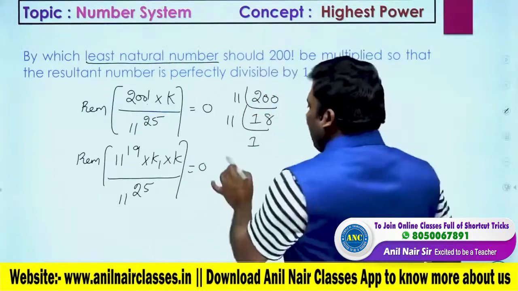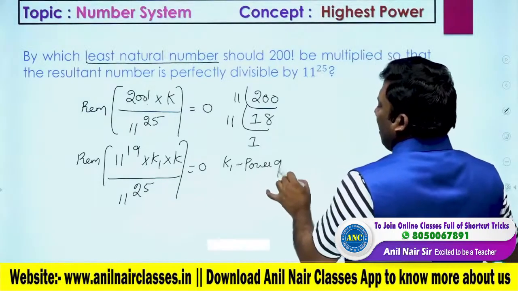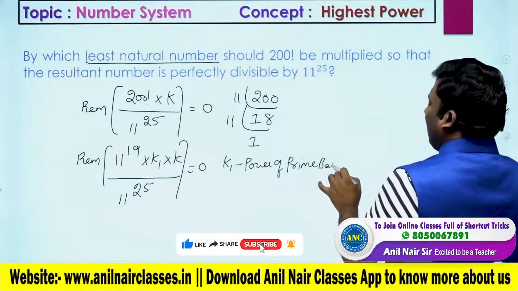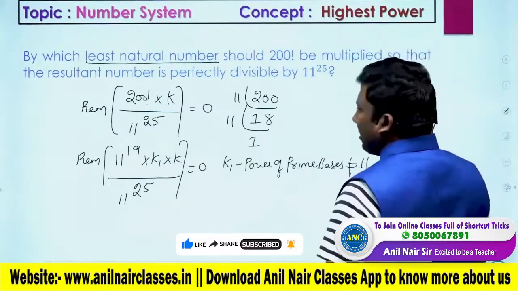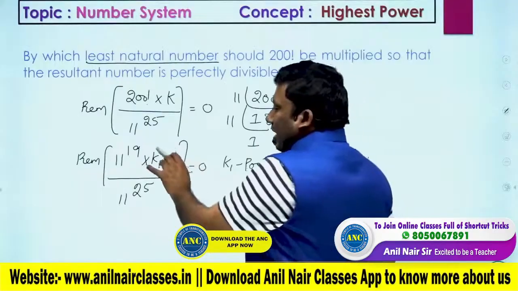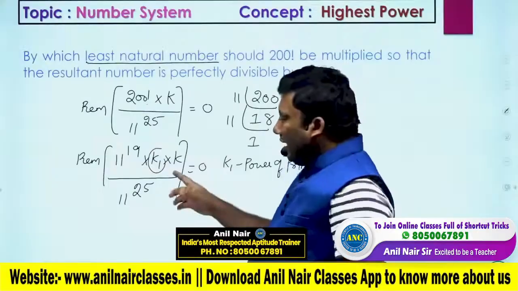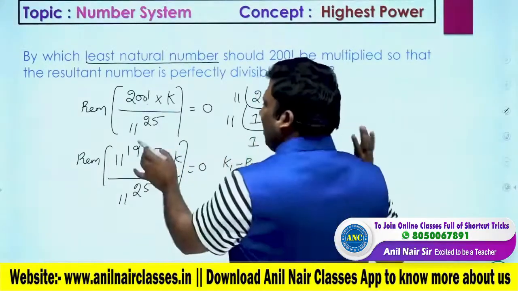What is K1? K1 is the power of prime bases other than 11. So it is 11 power 19. These numerators should be divisible by 11 power 25.